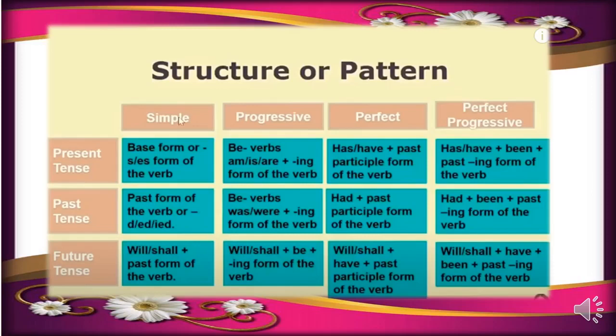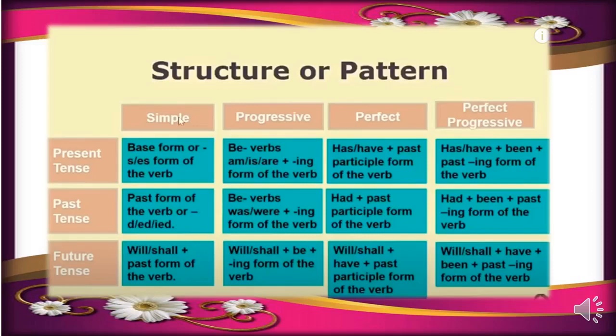So remember children, this is the structure or pattern for the present tense, past tense, and the future. And then we have also the simple, the progressive, the perfect, and the perfect progressive. So remember that in the present tense, base form or S or ES form of the verb.